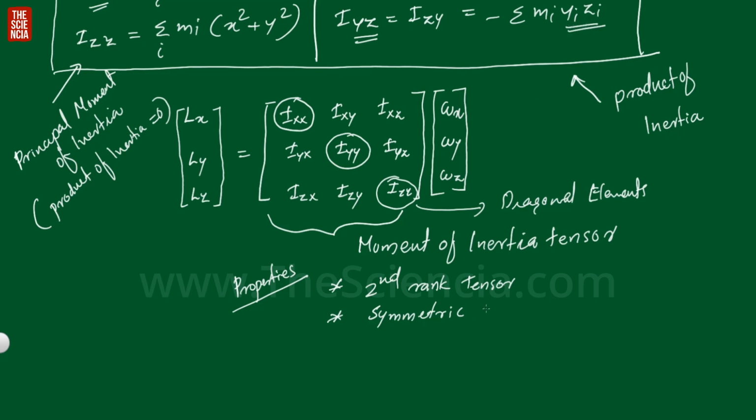So this is a real matrix with real values. And if a matrix is symmetric and real, we call it a Hermitian matrix. And for a Hermitian matrix, the eigenvalues are real. Okay, so these are the properties of our moment of inertia tensor.